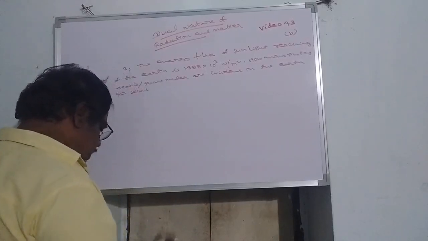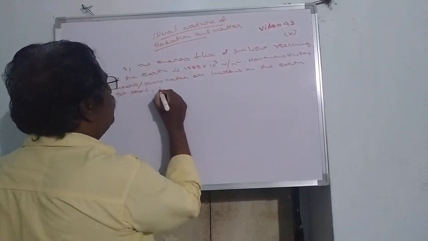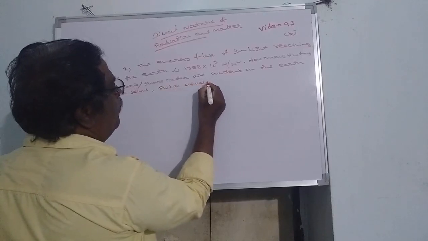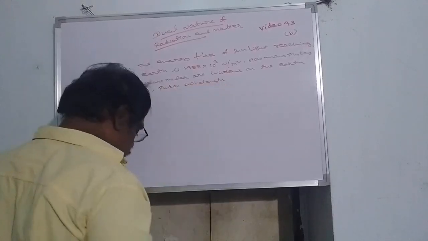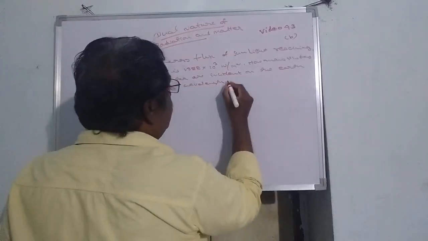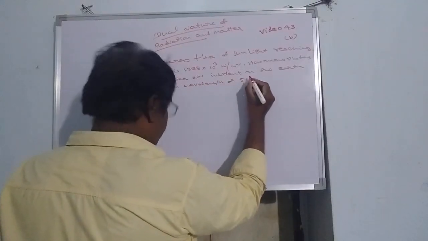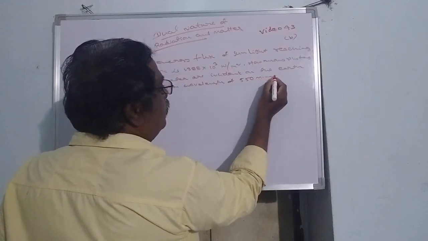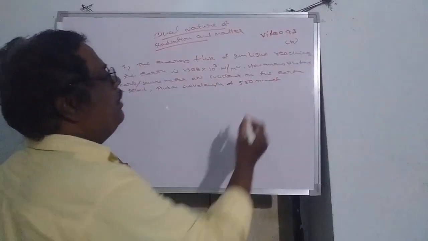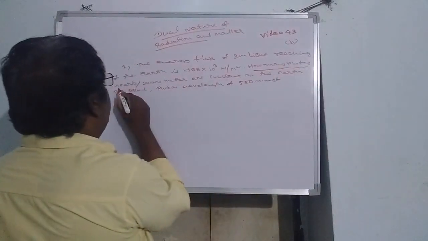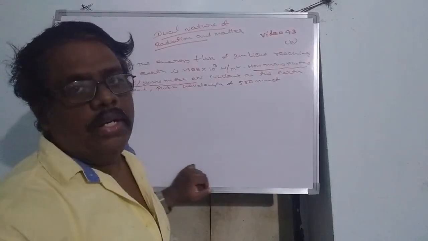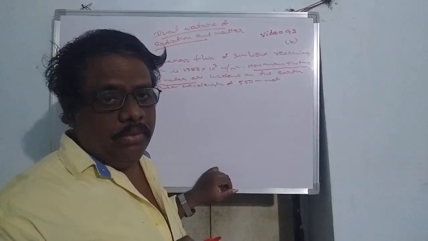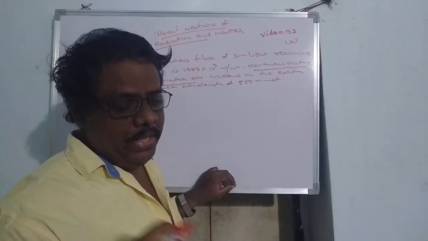Photon wavelength of 550 nanometers. Here we have to calculate how many photons nearly per square meter, that means the number of photons per square meter incident on the earth.